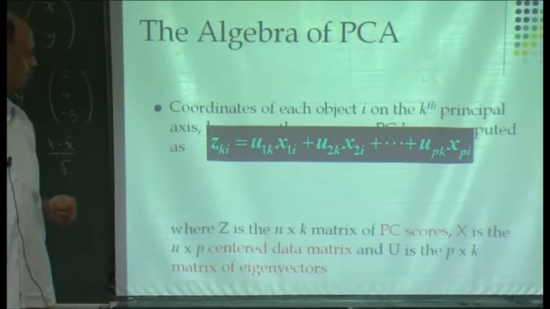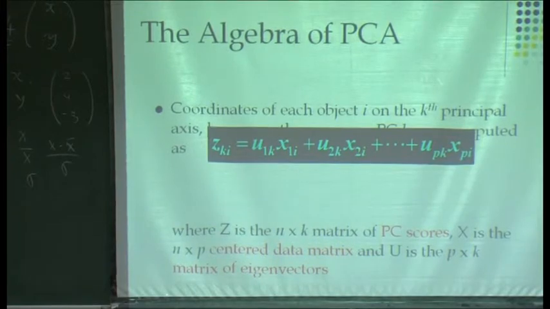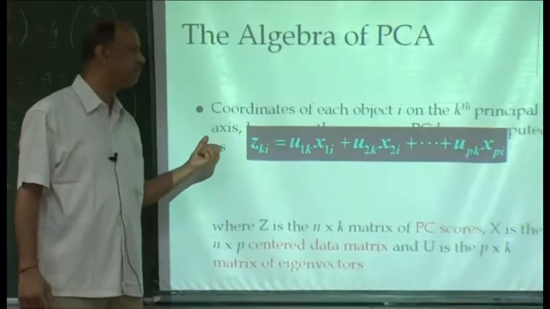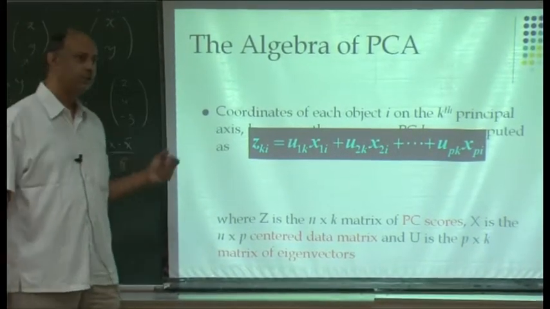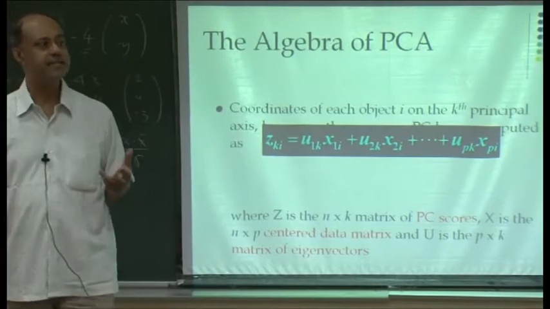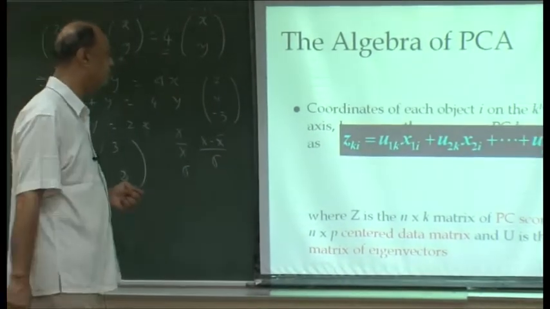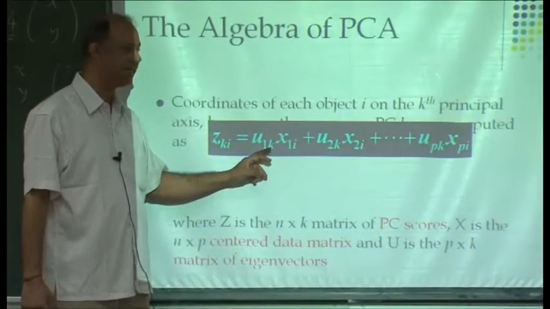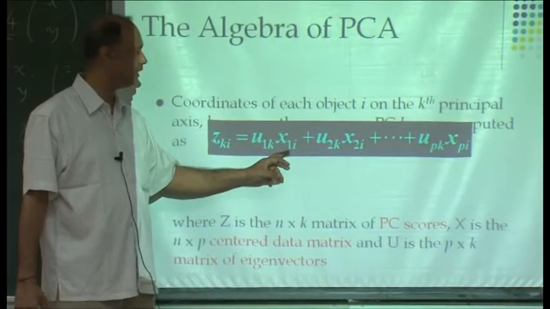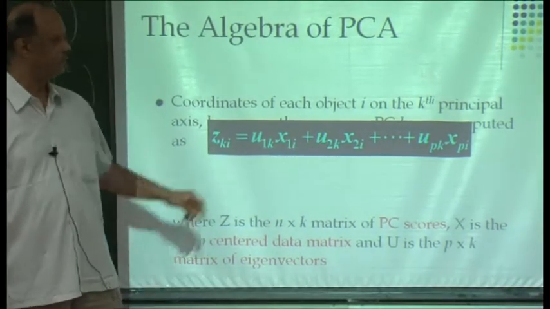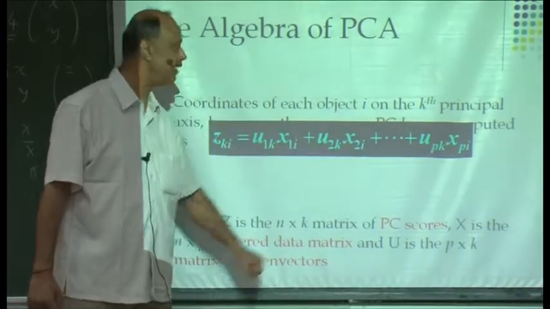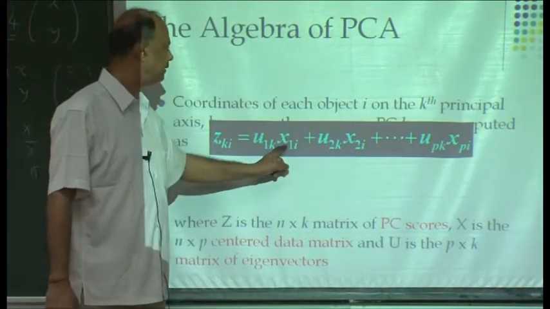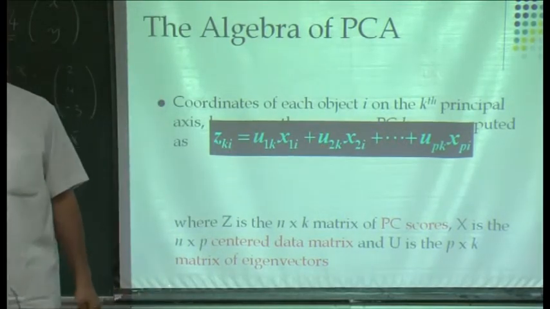This is known as the score. The coordinates of each object on the kth principal component are known as the score on the kth principal component, which can be computed as zki equals u1k into x1i, plus u2k into x2i, and so on, because this is the eigenvector and this is your original matrix.